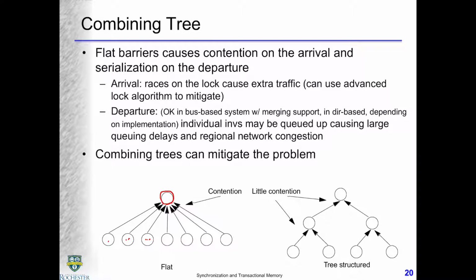So when they arrive at the same time, there's more possible contention. How about we split them up? So the upper 4 threads would barrier over here, the lower 4 threads would barrier over here, and when both are done, then they communicate again. So you turn that into some sort of a combining tree. So at each level, you don't need to have so many threads using the same lock.